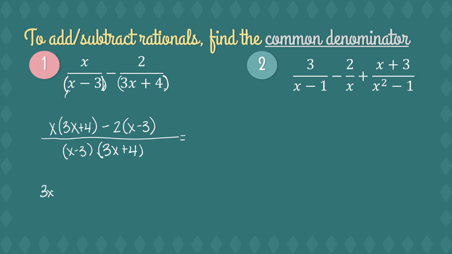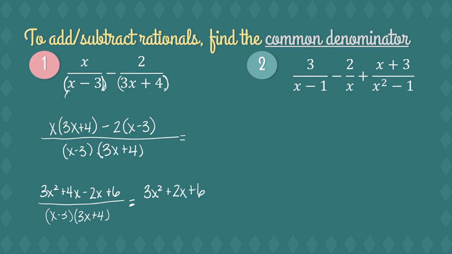So I'm going to multiply this out: 3x squared plus 4x minus 2x plus 6 all over x minus 3, 3x plus 4. Combine like terms gives me 3x squared plus 2x plus 6 over x minus 3, 3x plus 4.